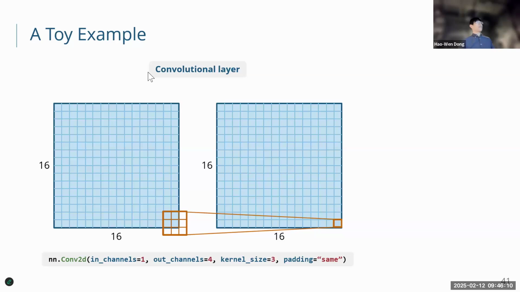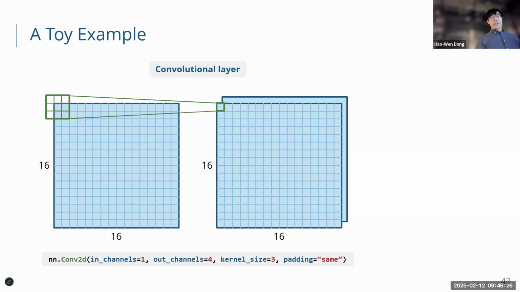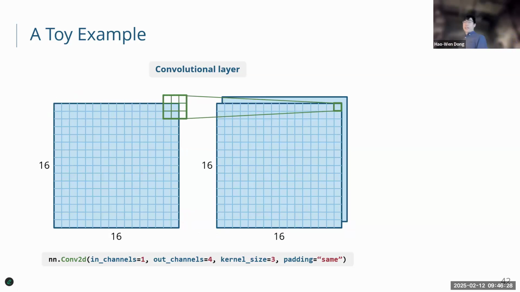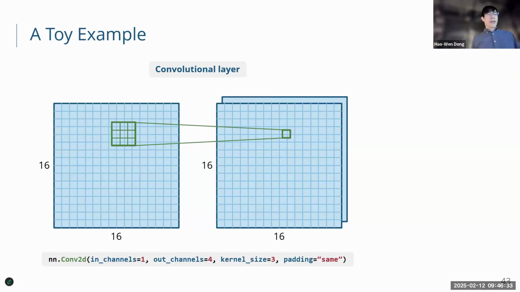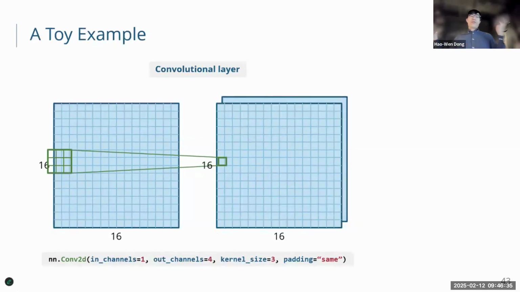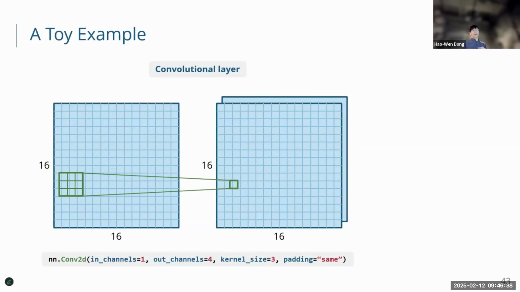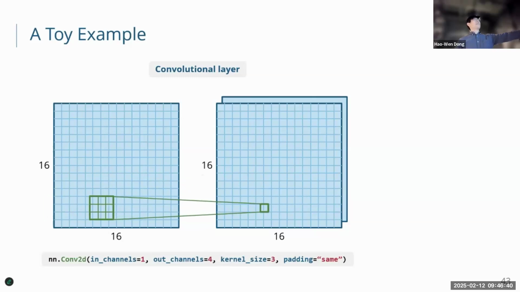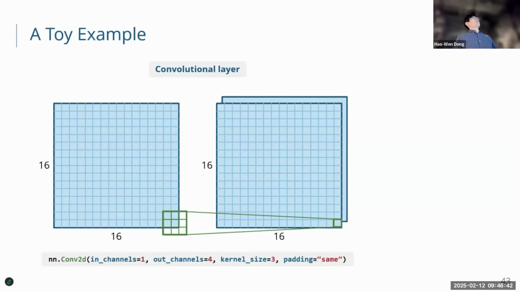Now, in channels 1, out channels 4 basically means that we are learning 4 different filters or pattern detectors. Here we have the orange detector, maybe detecting a certain feature, but we could also have the green pattern detector detecting a different pattern. Anyway, we use our deep learning model to learn what these patterns are.